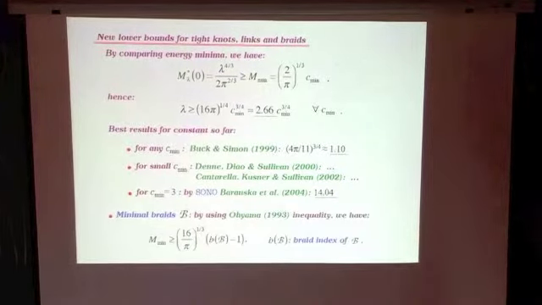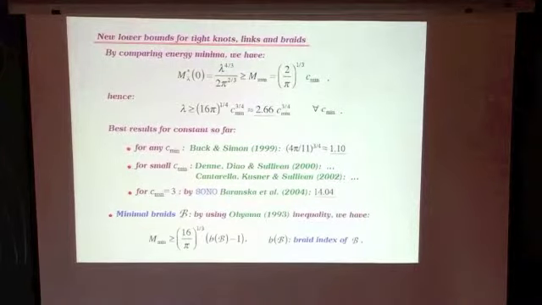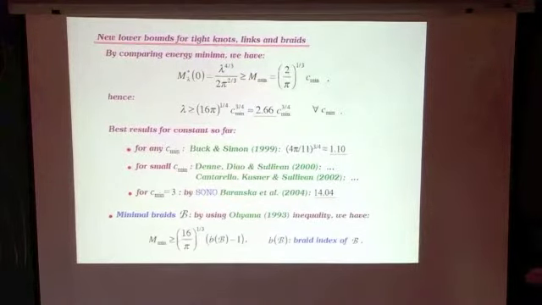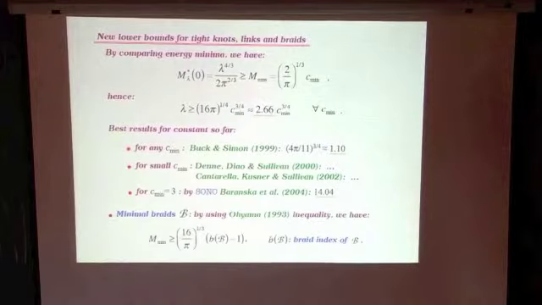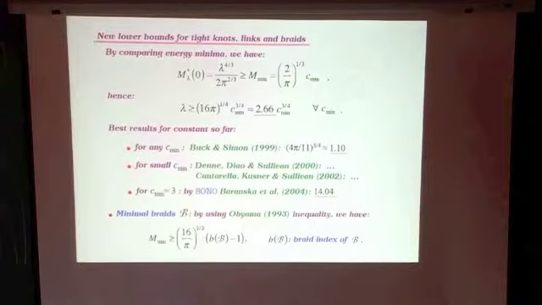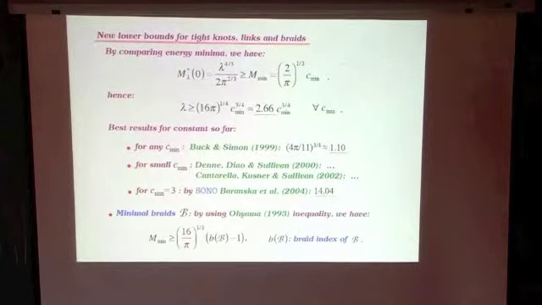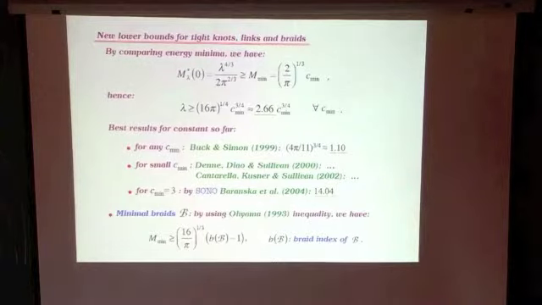For minimal braids, in the case of minimal number of strings, we can apply this result by using the Oyama inequality to relate the minimal number of strands to energy. So again, this might be useful to estimate energy contents from observation of solar structures or solar loops.